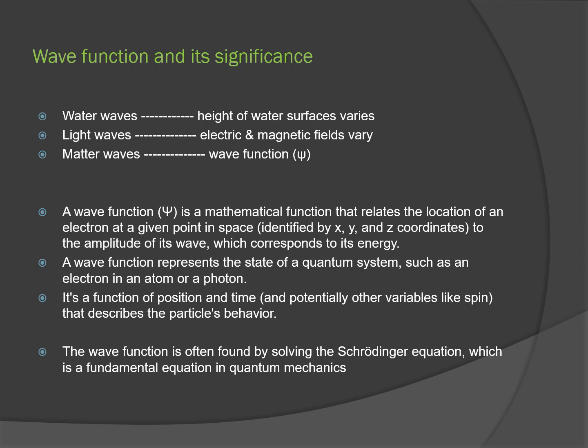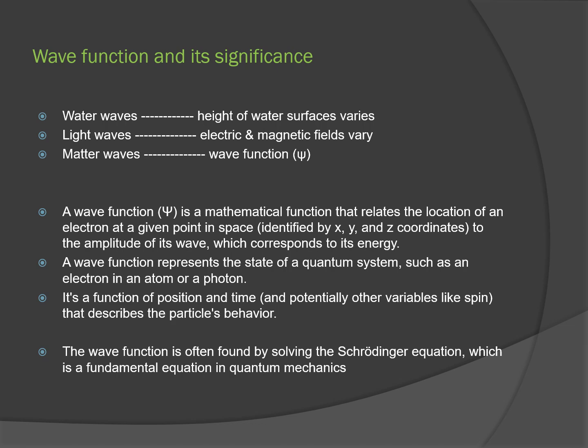To identify the position of the electron, we have to find its coordinates x, y, z in three dimensions. And since the electron is moving, the time is also changing. So we have to identify the position of the electron with respect to a particular time. So I can say that the wave function psi is a function of x, y, z and time. It is a mathematical function that relates the location of the electron and time.